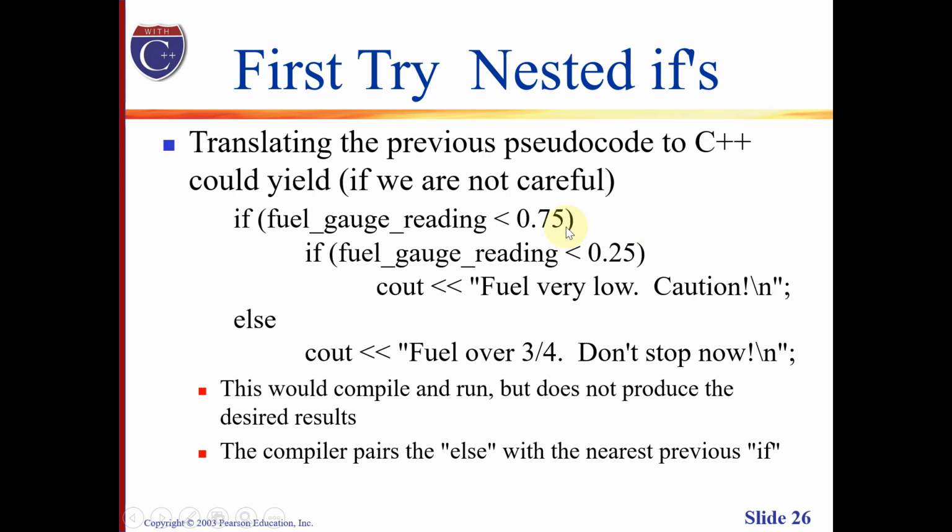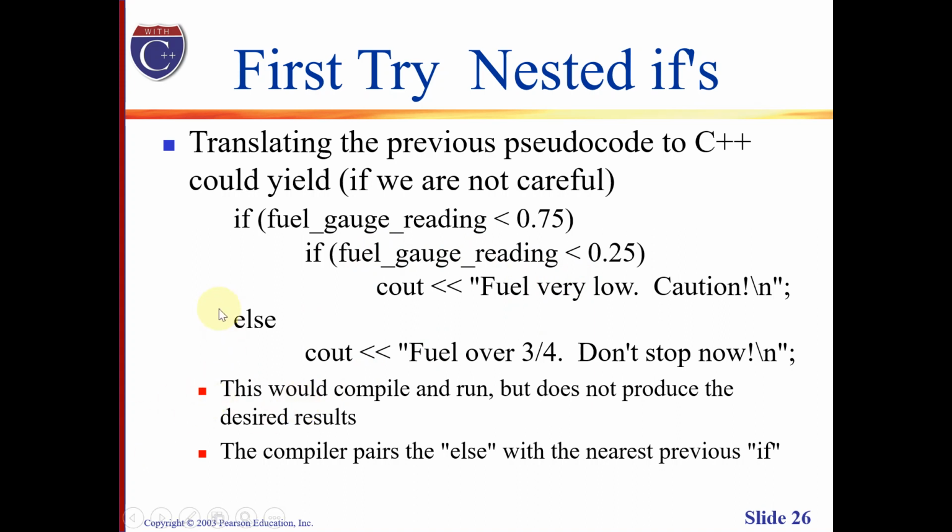Otherwise, if our vehicle still has enough fuel, then it will simply tell the driver that there's no need to stop since we have enough fuel. But of course, that is not going to happen. If we run this program, this would actually lead to a logic error.